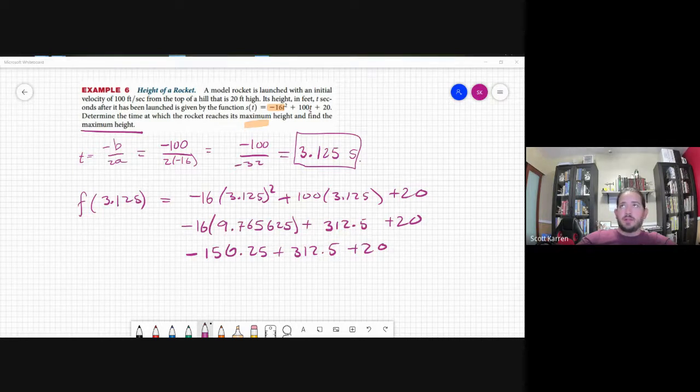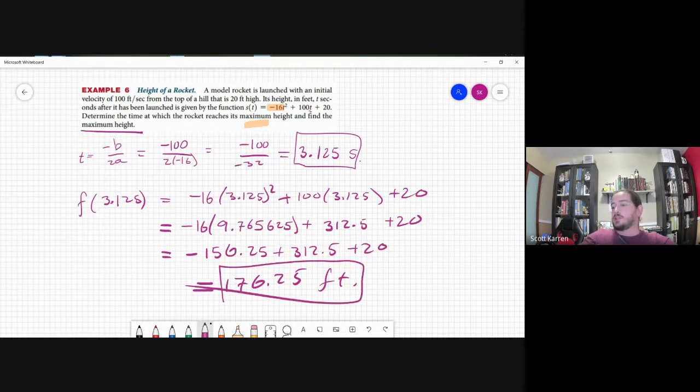At the end of the day, when I combine those all up together, I'm going to get 156.25 plus 20, so 176.25. And that is the maximum height that the rocket achieves.